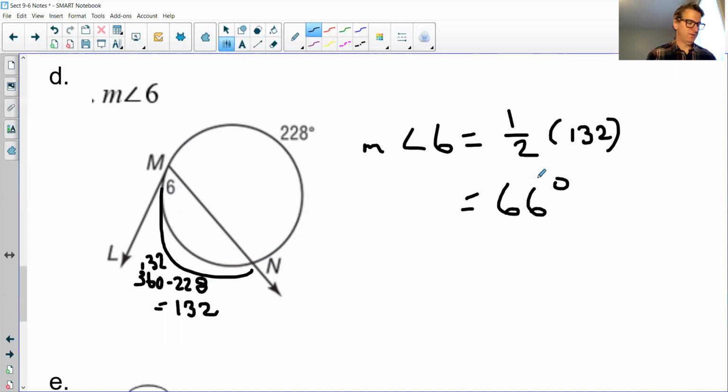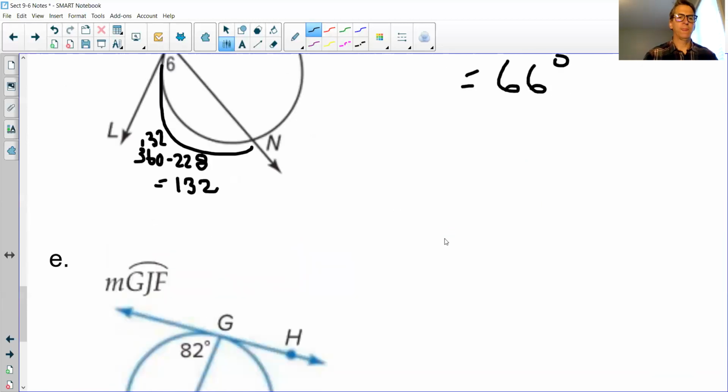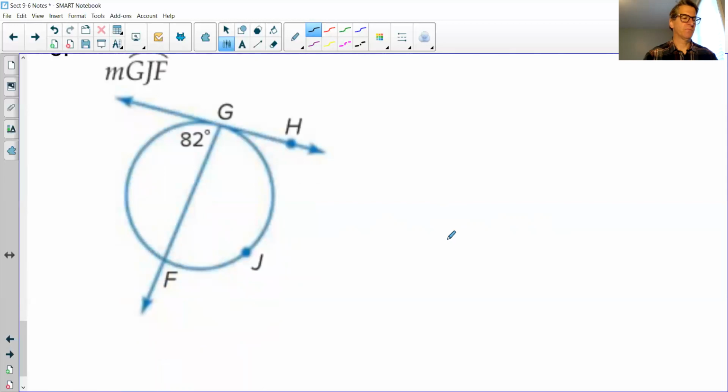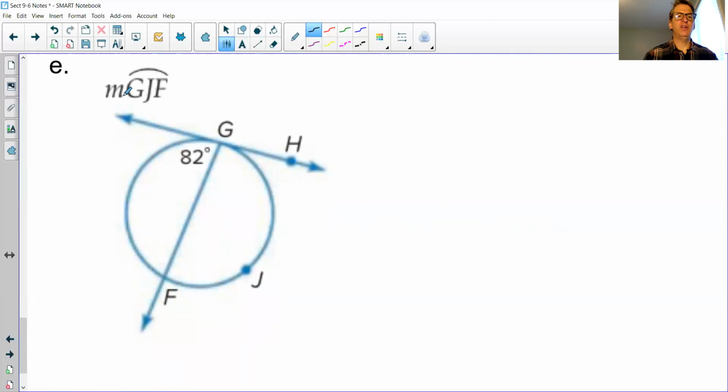One more on this page, letter E. We're looking for G, J, F. So they want us to find this G, J, F. We're given that this 82 degrees is here.